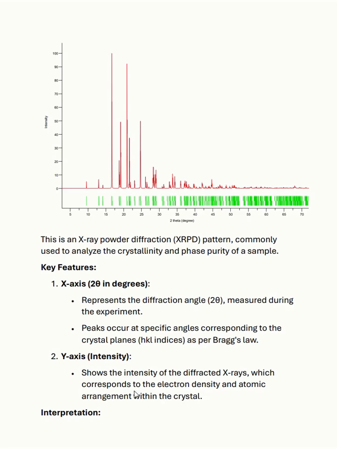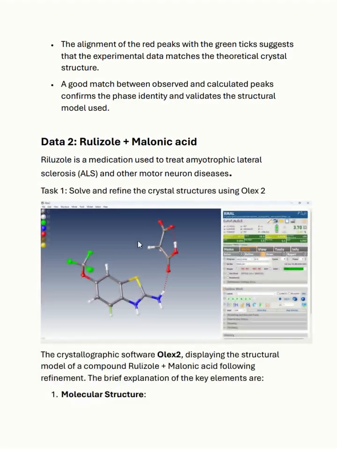So these represent the electronic density and the atomic arrangement of the crystal. So this represents that the good match between the observed and the calculated peaks confirms the phase identity and validates the structural model. So second data is the rule.